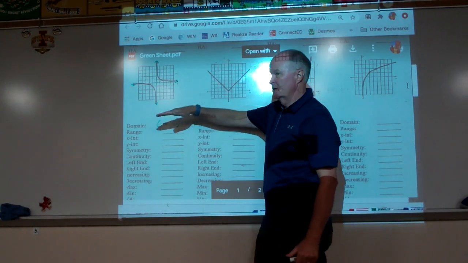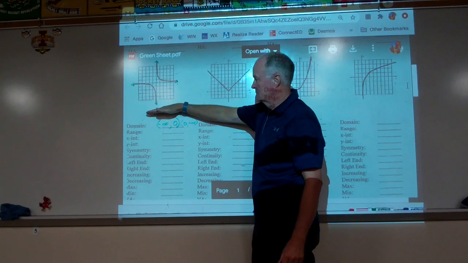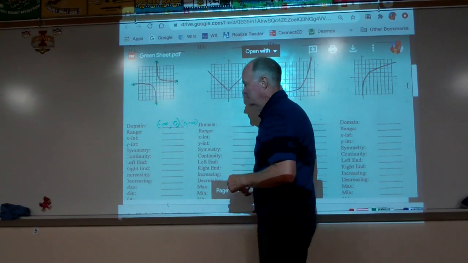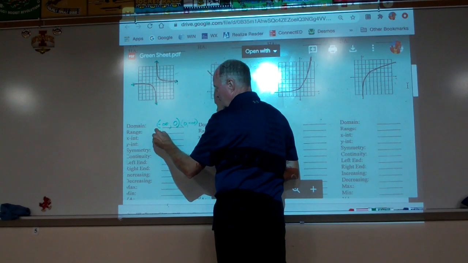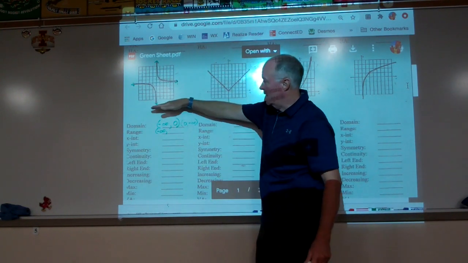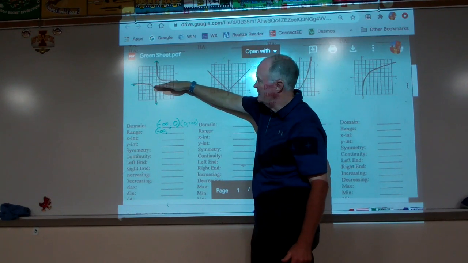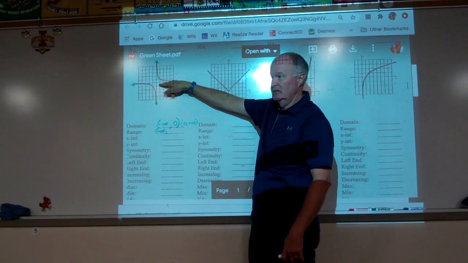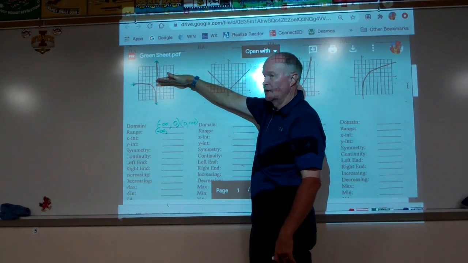The range, going to be kind of similar. First thing I run into is an arrow on the bottom. So that's negative infinity. That will go all the way up until I get to that horizontal dash line, which is at a y value of 0.